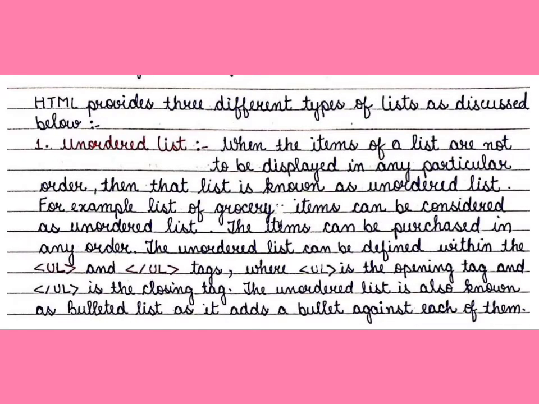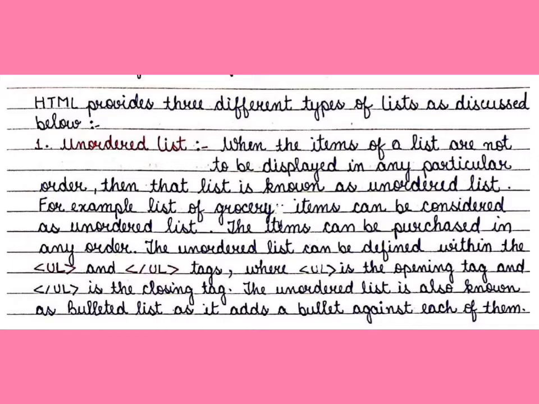HTML provides 3 different types of lists, which are as discussed below. Number 1. Unordered list. When the items of a list are not to be displayed in any particular order, then that list is known as unordered list.